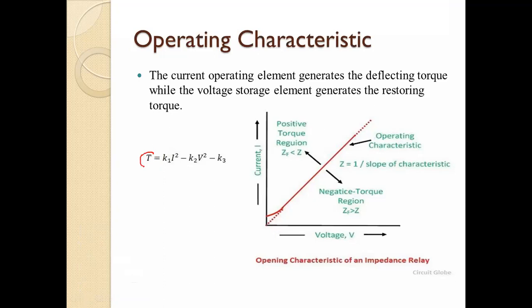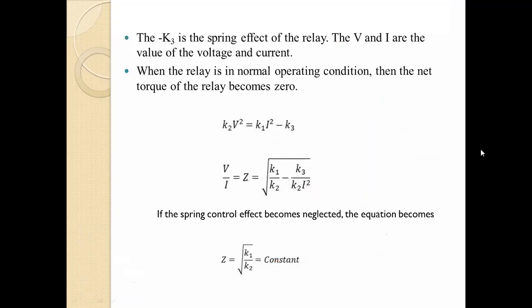So when we put this torque equal to zero and take K2 V square to the left side, we can write this equation as K2 V square equals K1 I square minus K3.